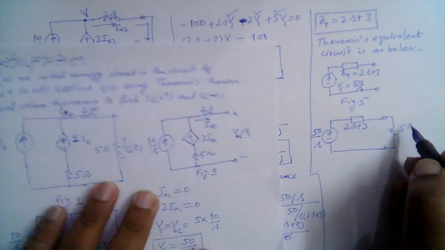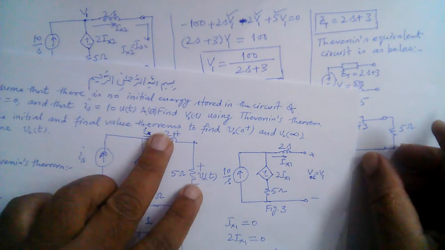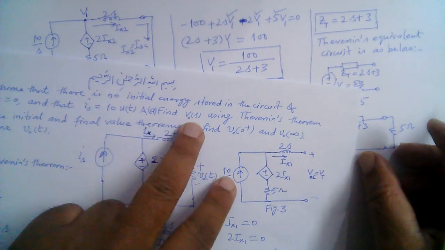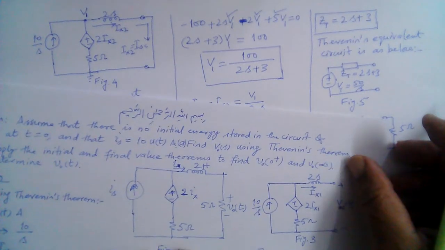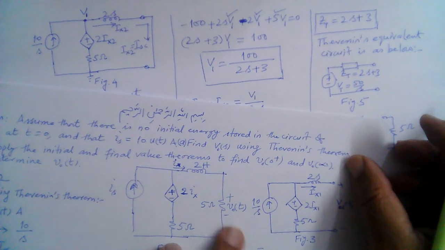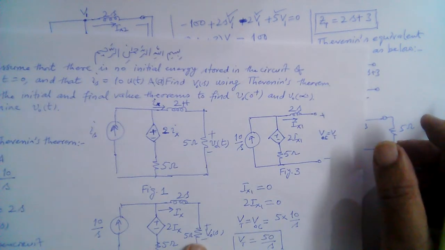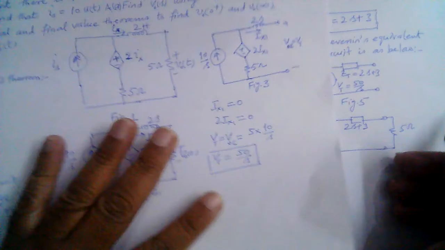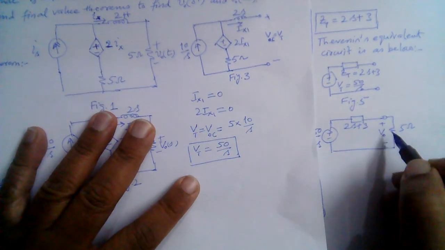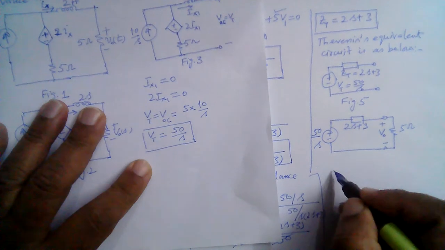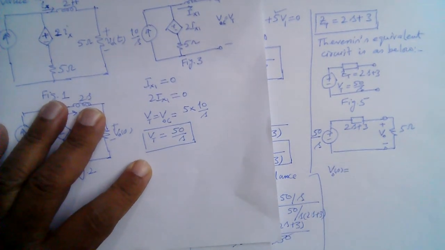Rather, we want to find the voltage, not the current. We need to find V naught S using Thevenin's theorem, and this is V naught here.